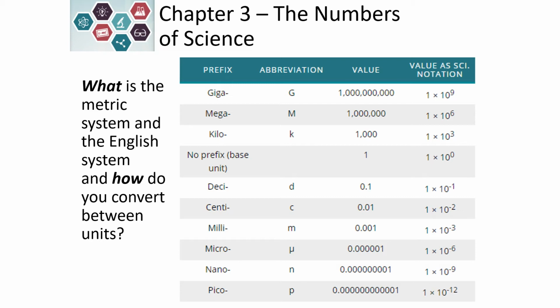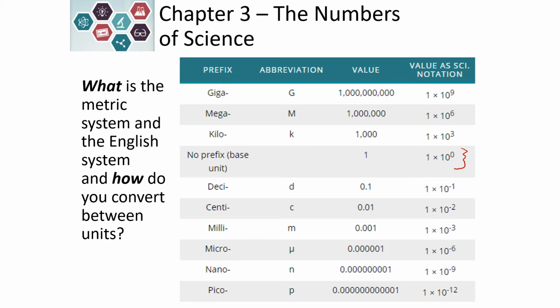Our base unit, or no prefix, this is where we start. So this could be grams, it could be seconds, it could be degrees Celsius. Any of the metric units work. We start here.